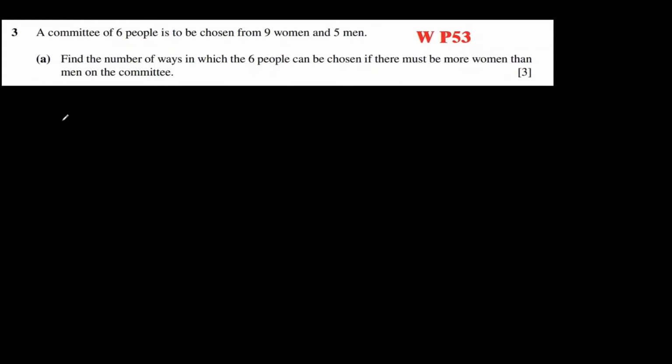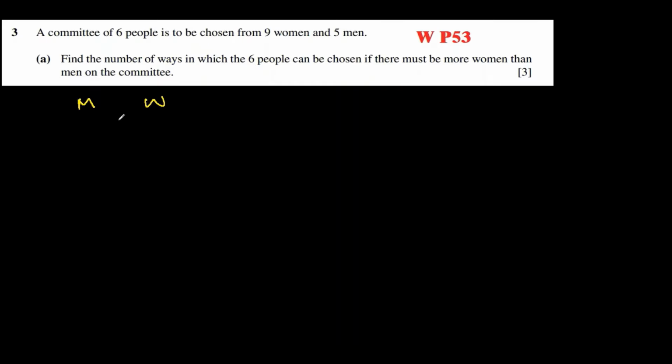This is question 3 of winter 2020 paper 53. In A part, they're saying there is a committee of 6 people to be chosen from 9 women and 5 men. Find the number of ways in which 6 people can be chosen if there must be more women than men. So total we want 6. So let's write men and women.